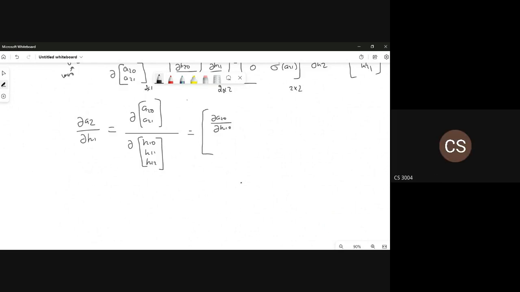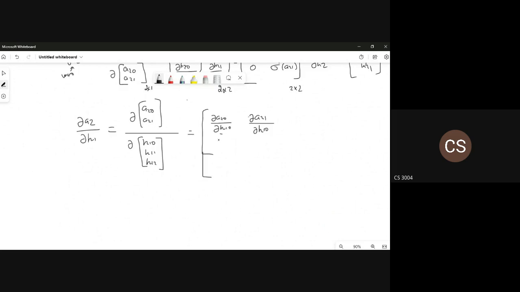That's because we are following the denominator layout, right? So I'm going to keep this as it is: dou a2 1 by dou h1 0.